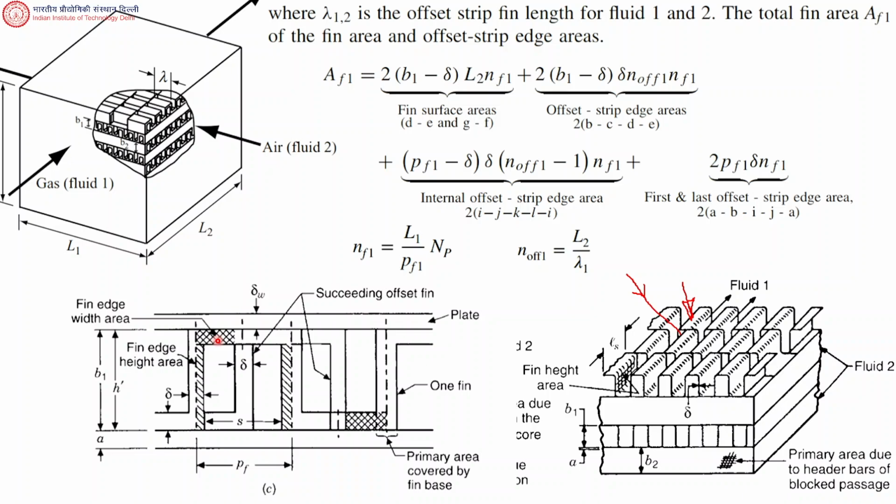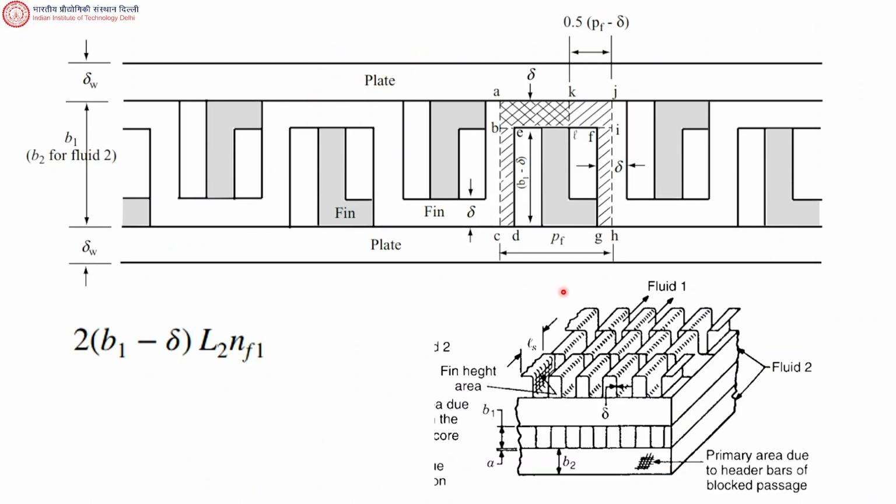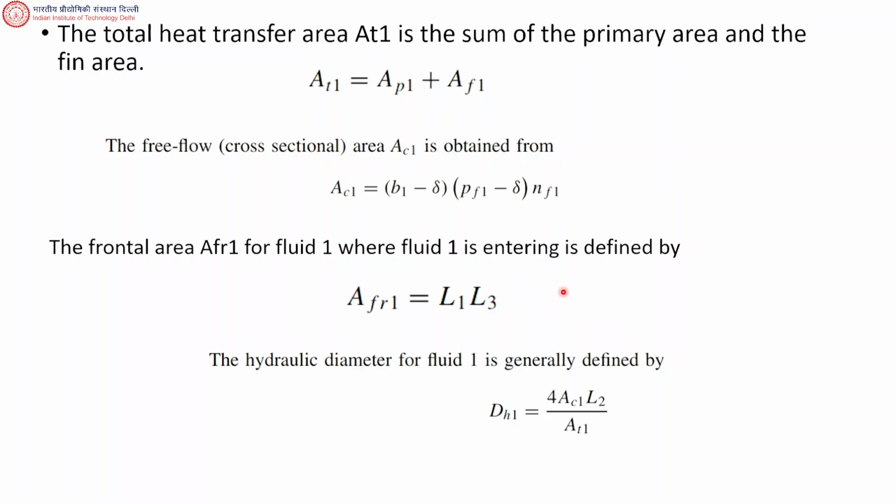Okay, so this is the area calculation. The rest of it I have already described in the previous class. You take the total area as the primary area plus fin area, as we have done for the other heat exchangers also. Whenever there are fins, primary area and fin area, just add the two. So this is the total area.